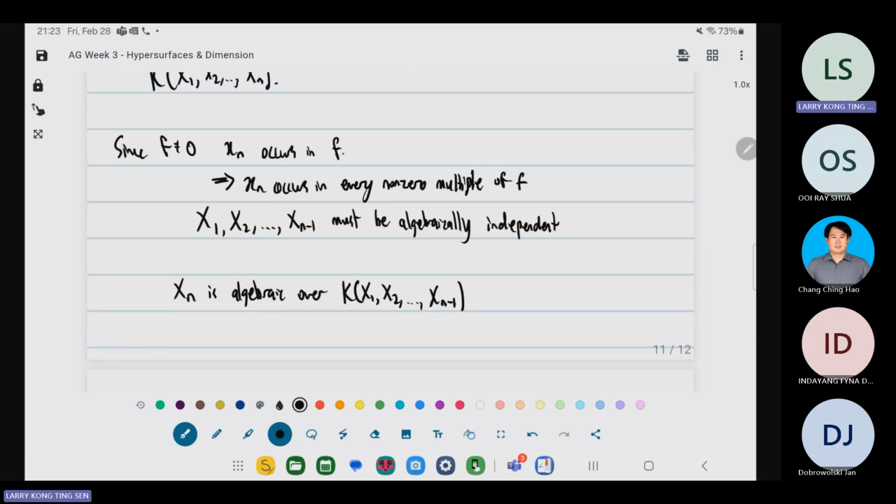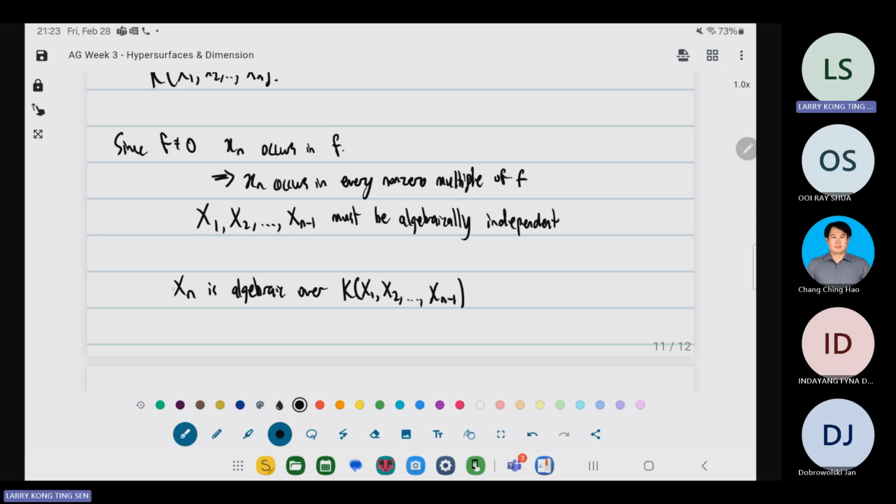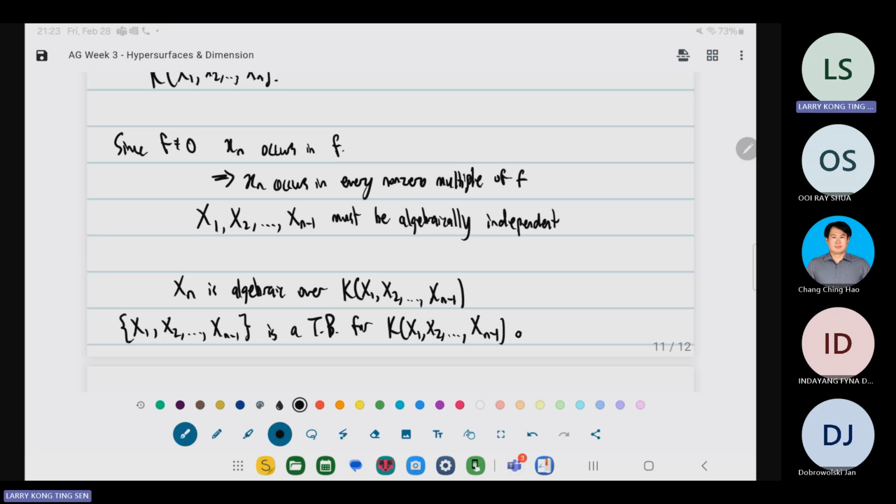So to put it all together, this basically means that x1, x2, until xn minus 1 is a transcendence basis for k(x1, x2, until xn) over k.